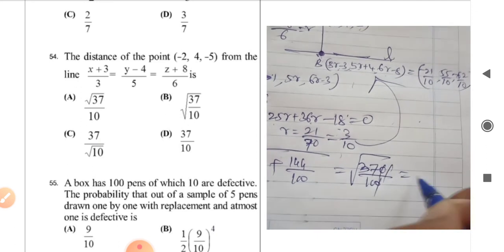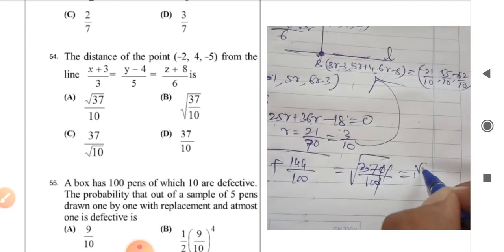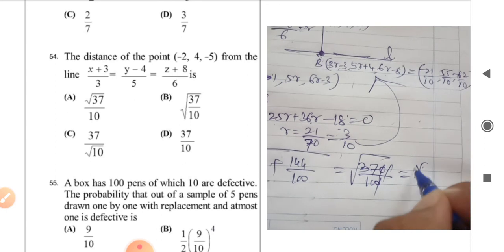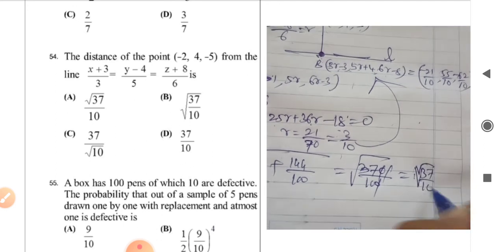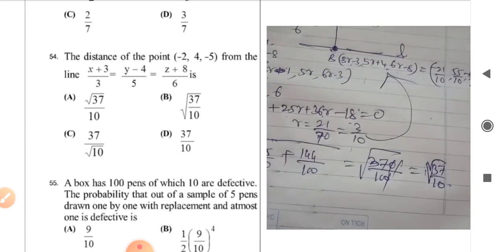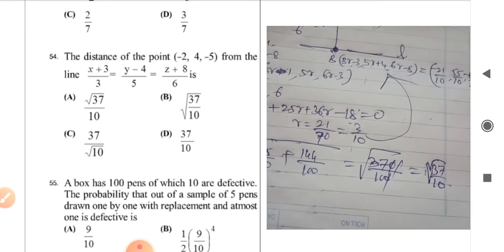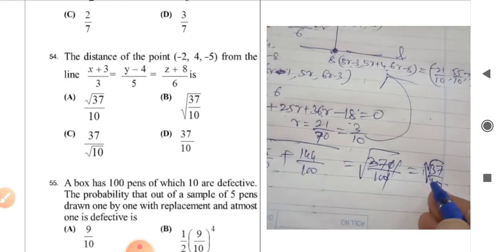So you get the square root of 37 divided by 10 only, or else if the answer is given as root 37 divided by 10, that's also fine.